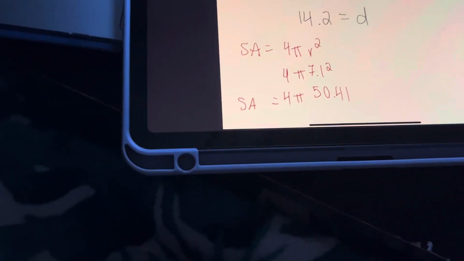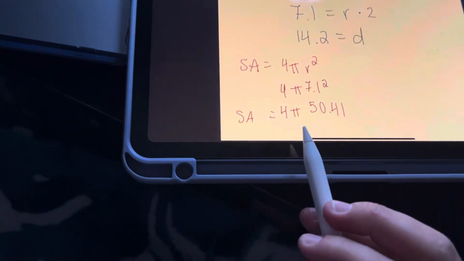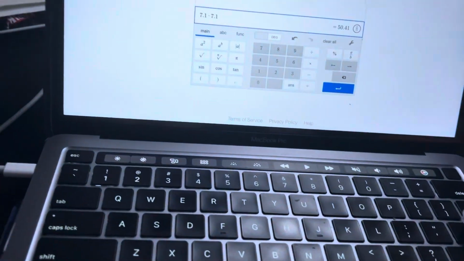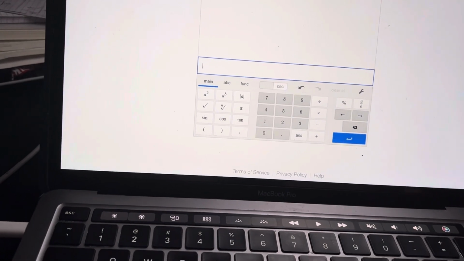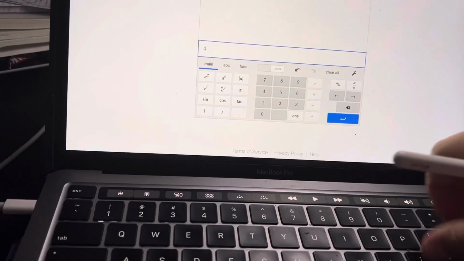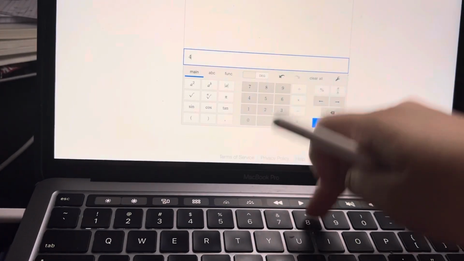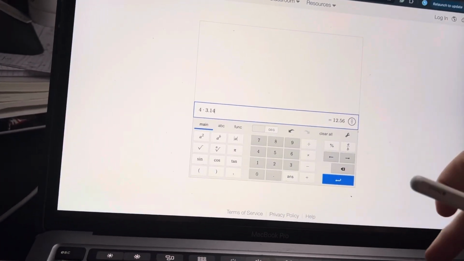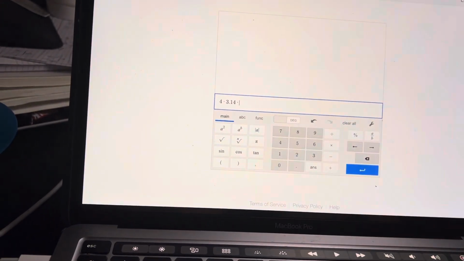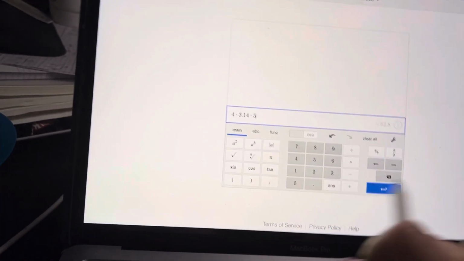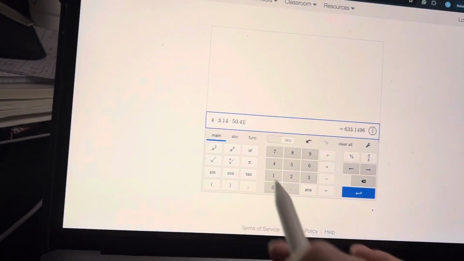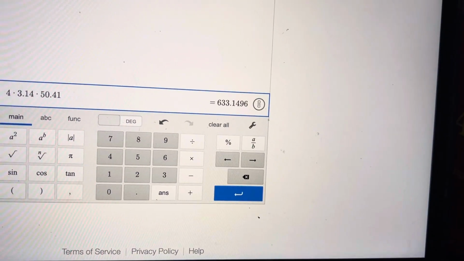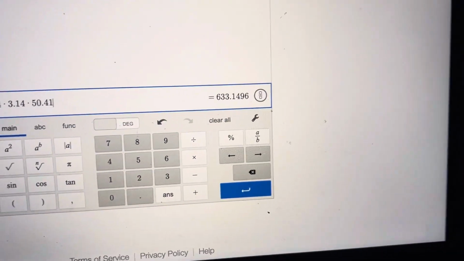Surface area. Okay, so the next thing that we want to do is just multiply all of these together. It was 4 times 3.14 for pi times 50.41, which gives us 633.15. I'm just rounding by the hundredths again.